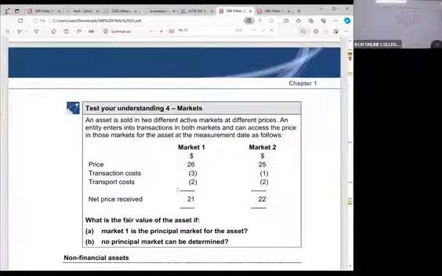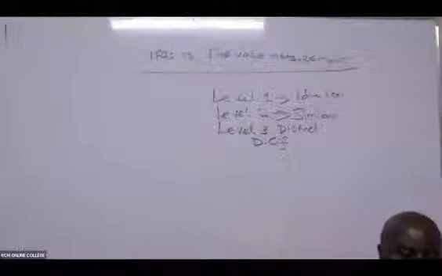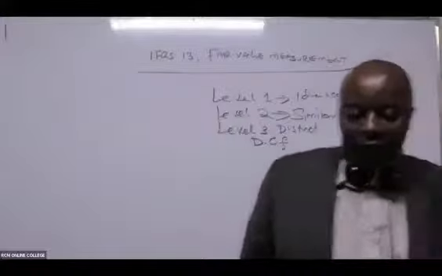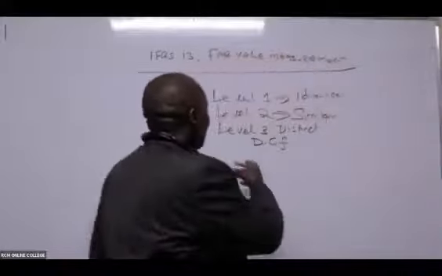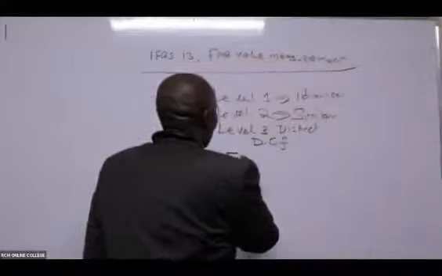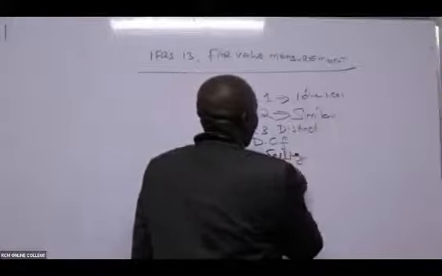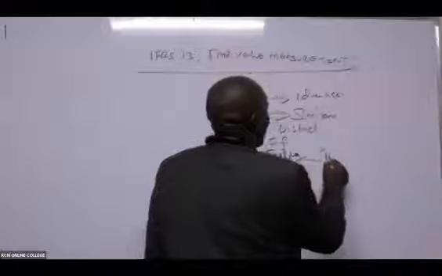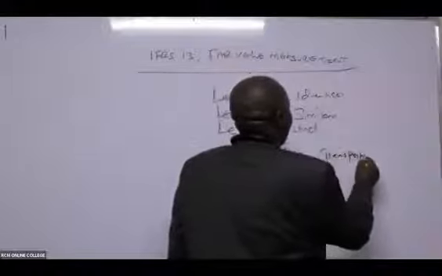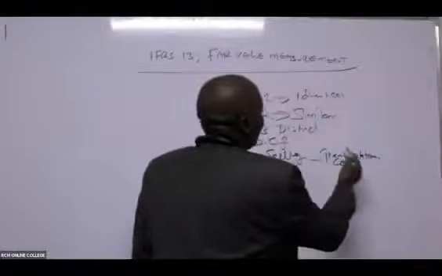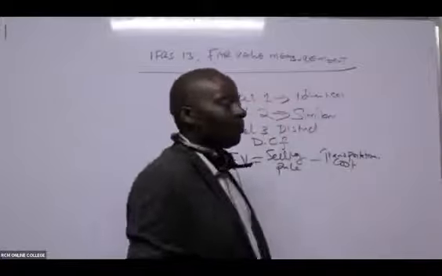So if market one is our principal market, the only market we have at the moment, to get the fair value I'll simply take the selling price minus transportation costs.